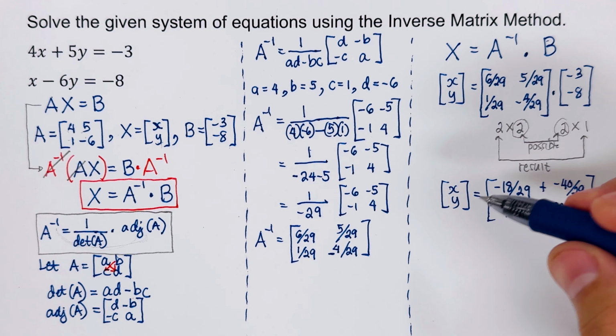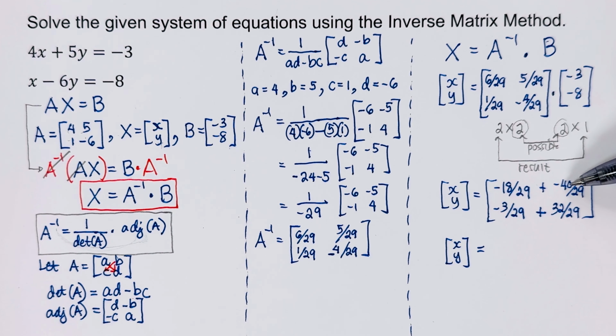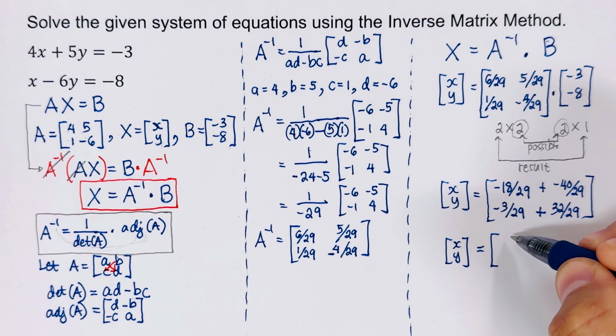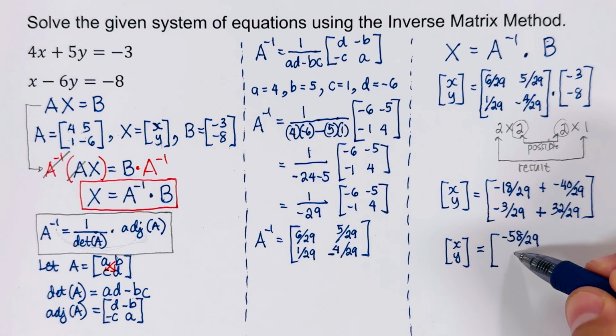From here, we simplify this. -18 plus -40 is -58. They both have the same denominator, so that is -58 over 29. And -3 plus 32 is 29 over 29.